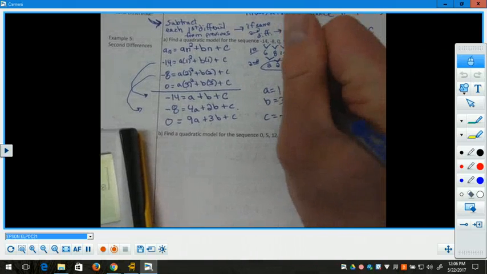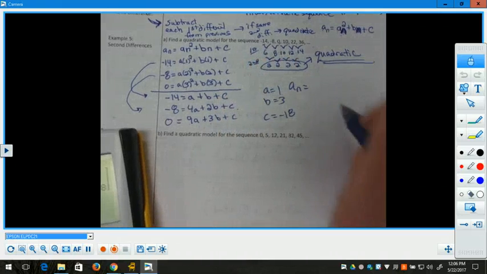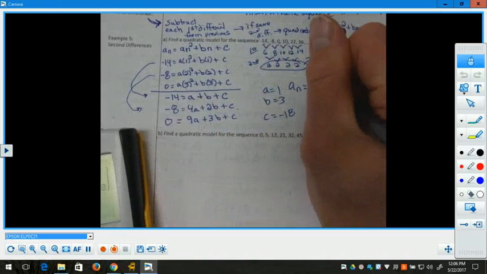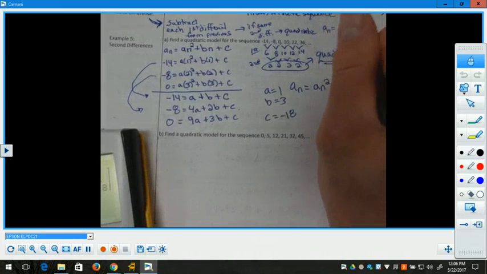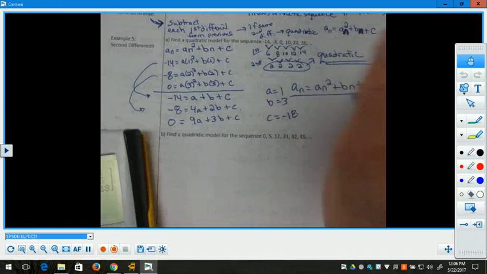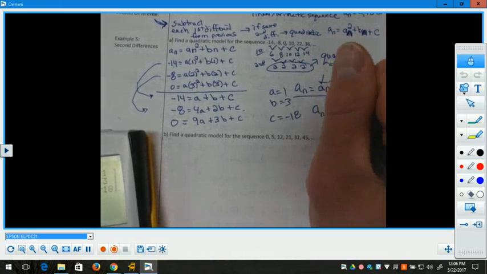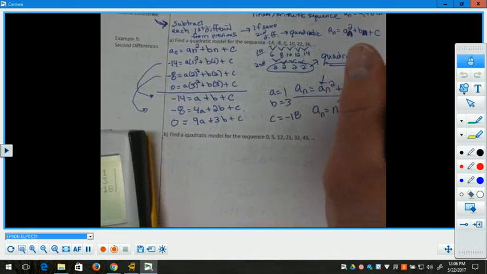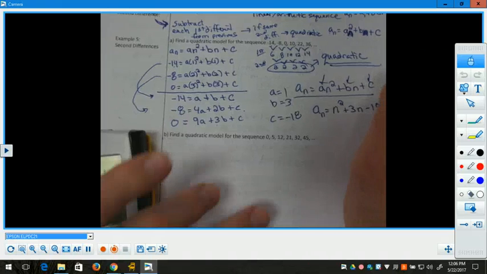So our explicit rule for this particular sequence is a sub n equals an squared plus bn plus c, but we have to know the values of a, b, and c. So a sub n equals 1 times n squared plus 3 times n minus 18.